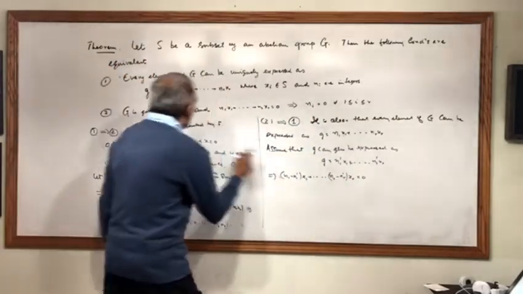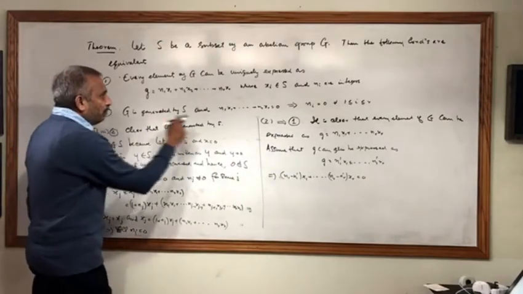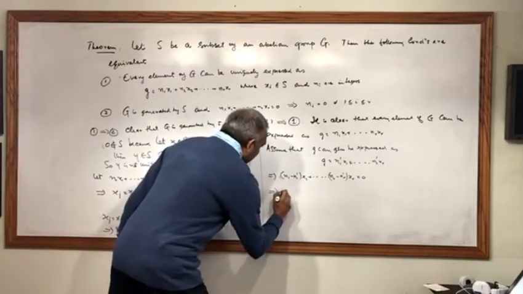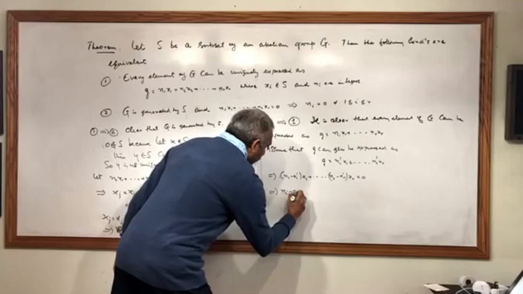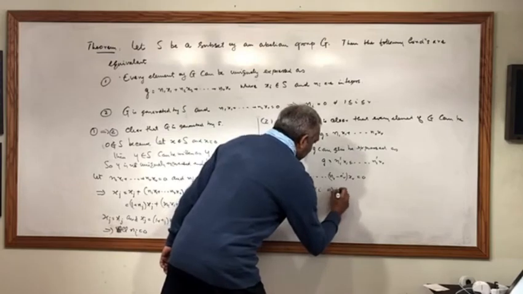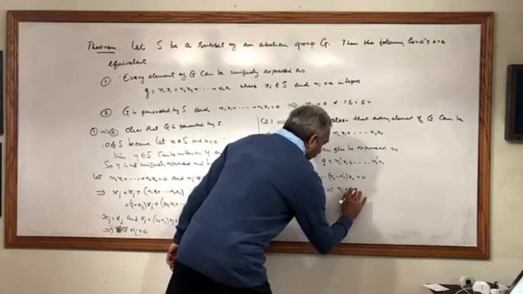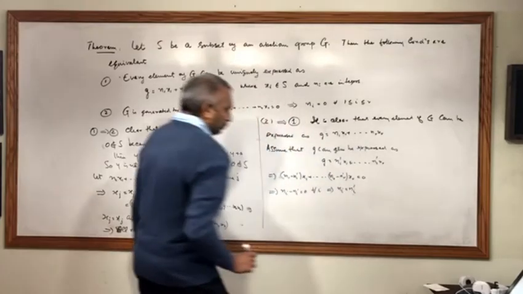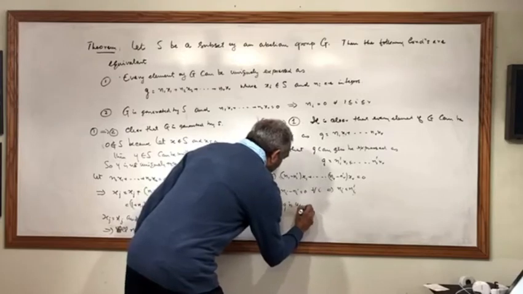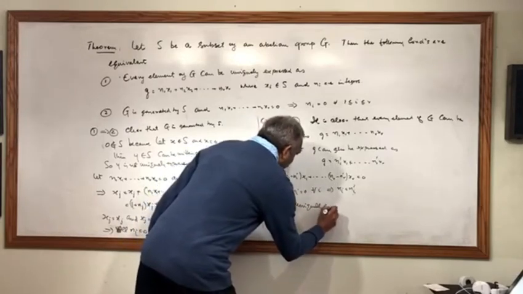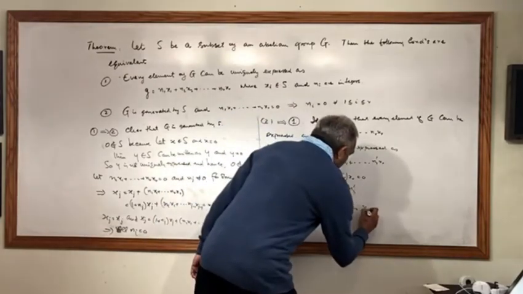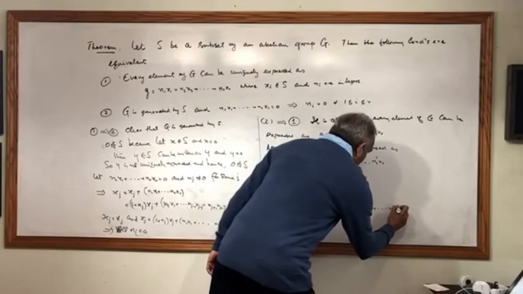If this is equal to 0, the second condition says that the coefficients of each of these xi's are zeros. So this implies ni minus ni' is equal to 0 for all i, and that implies ni is equal to ni', and that means g is uniquely expressed as n1x1 plus ... plus nrxr.